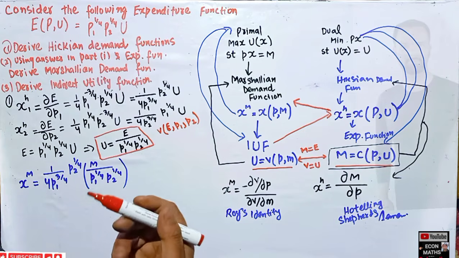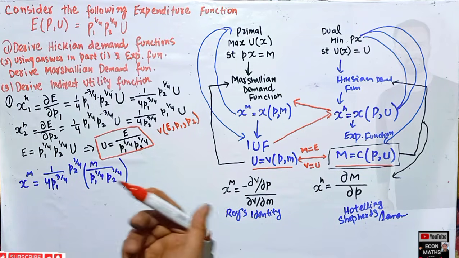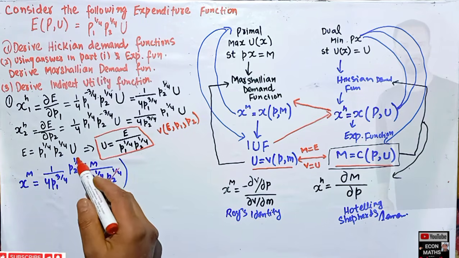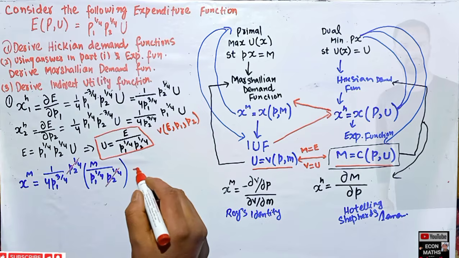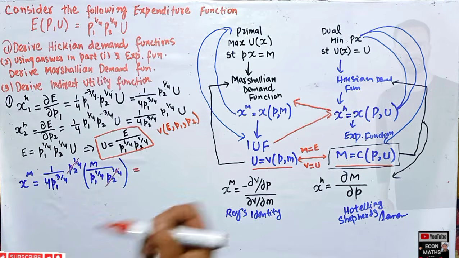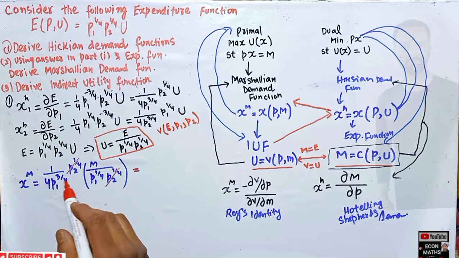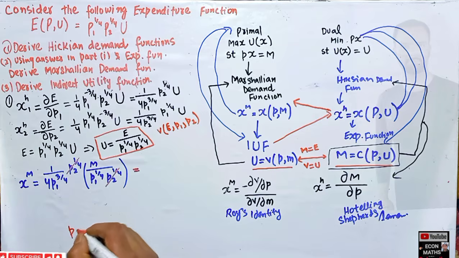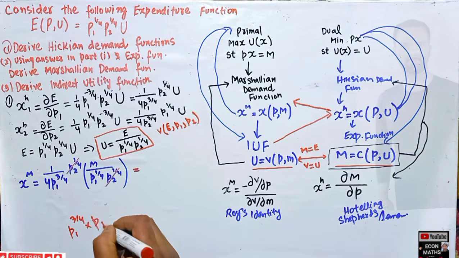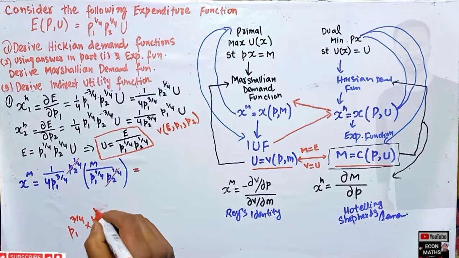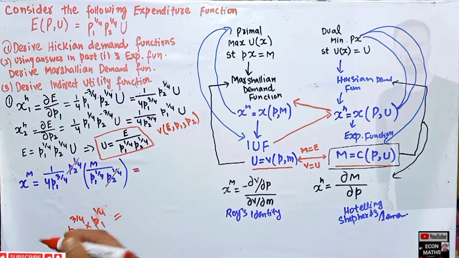Okay, so let's do some cancellation here. So we are left with, here we can see we have p1 raised to the power 3/4 and p1 raised to the power 1/4. Since the bases are the same, powers can be added.